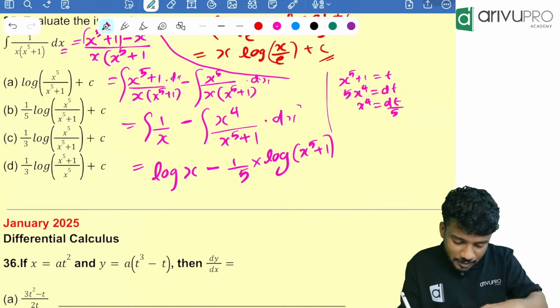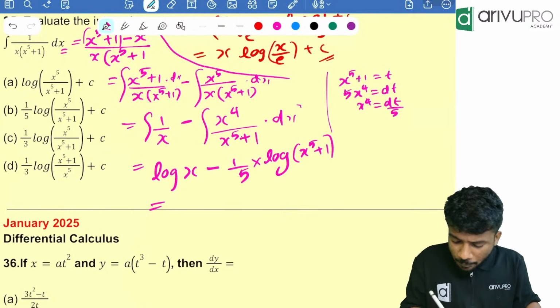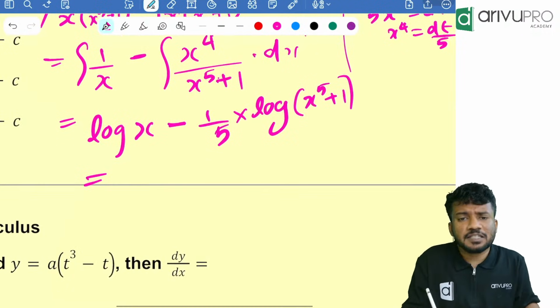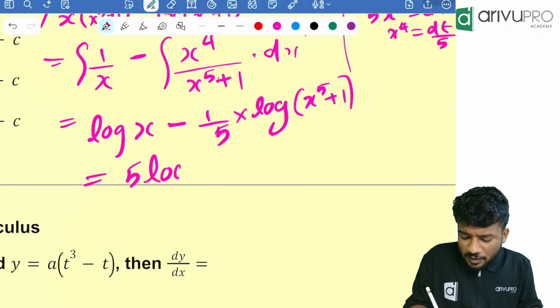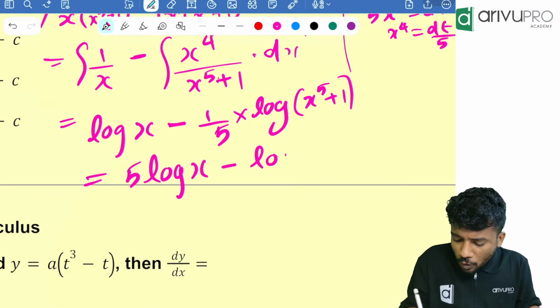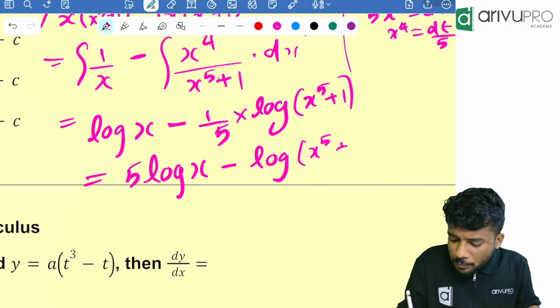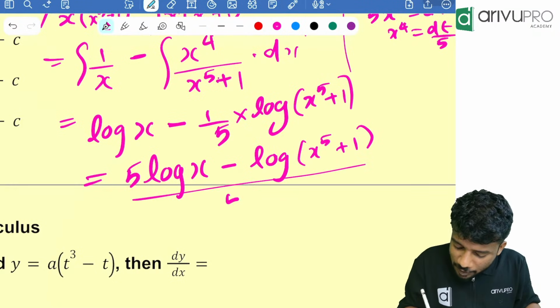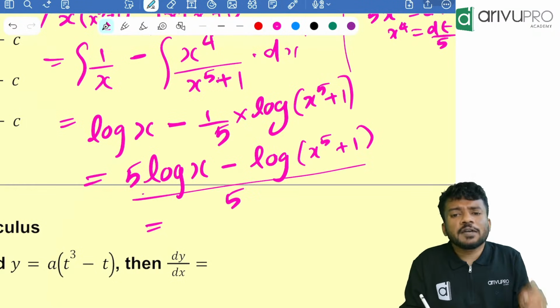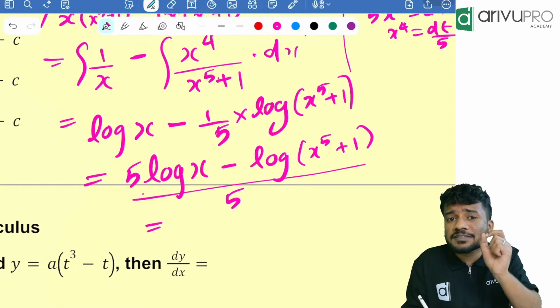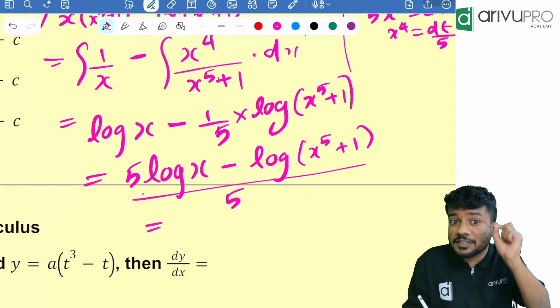People, tell me the answer. Yes. Now apply this over here. Take the LCM. That will become 5 log x minus log of x raised to 5 plus 1, the entire thing divided by 5. This can be written as 5 log x. A log x can be written as log x raised to a.